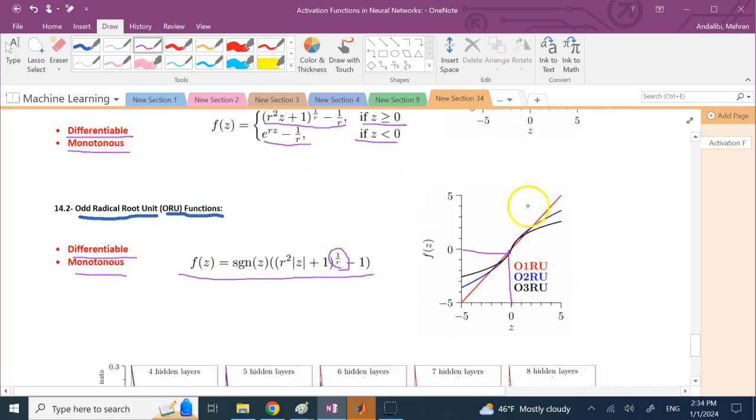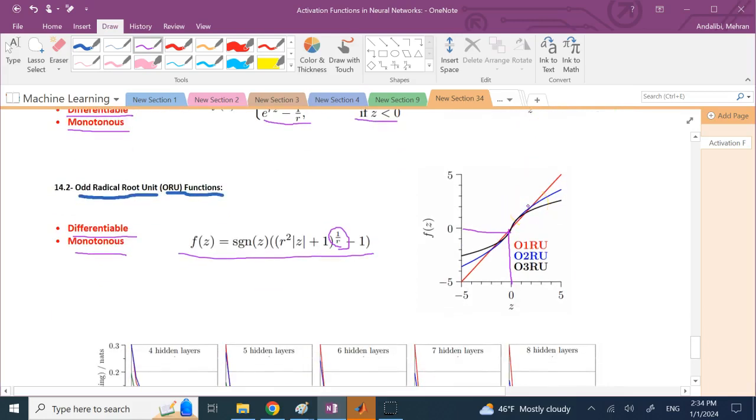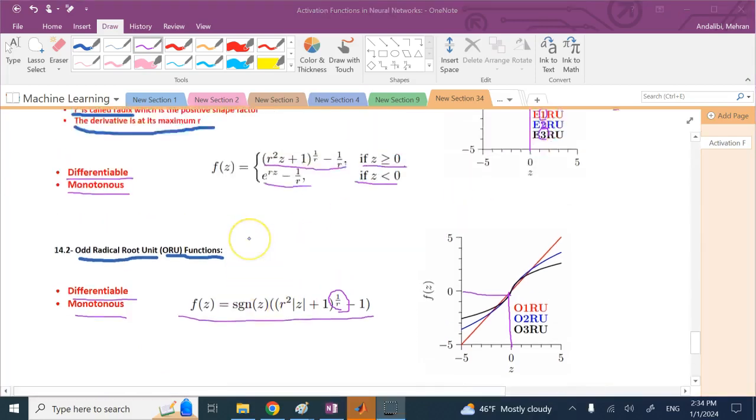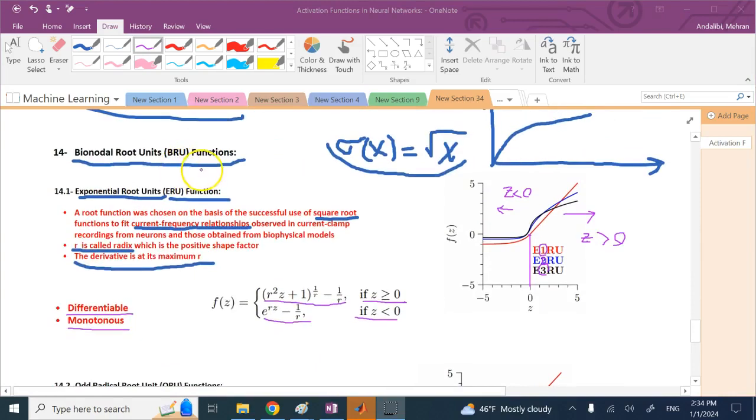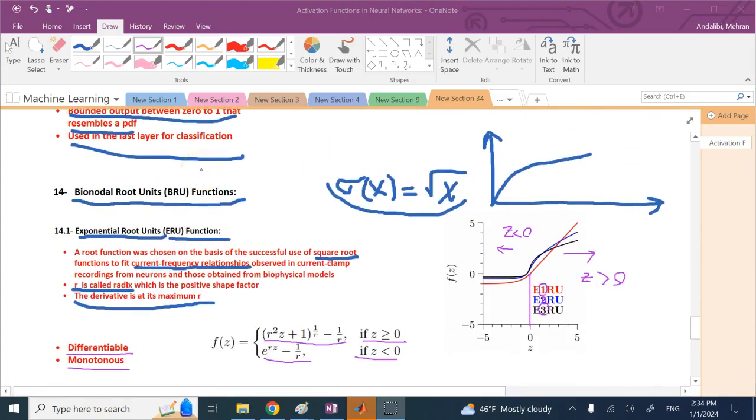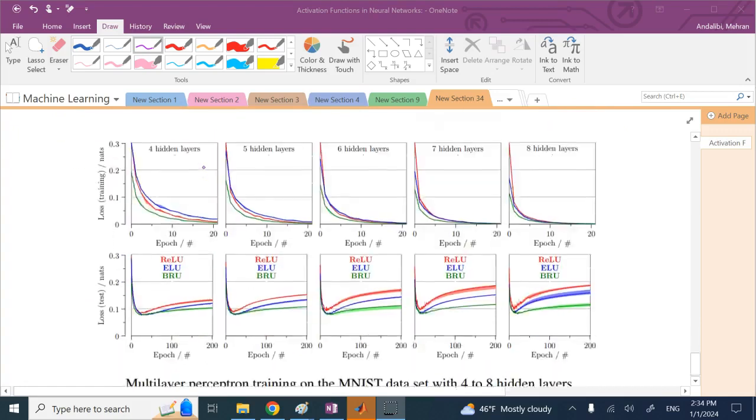I got all of these from a paper on ResearchGate, so you can download it. Just search for BRU activation functions on ResearchGate, and you can download the PDF and read it for yourself.